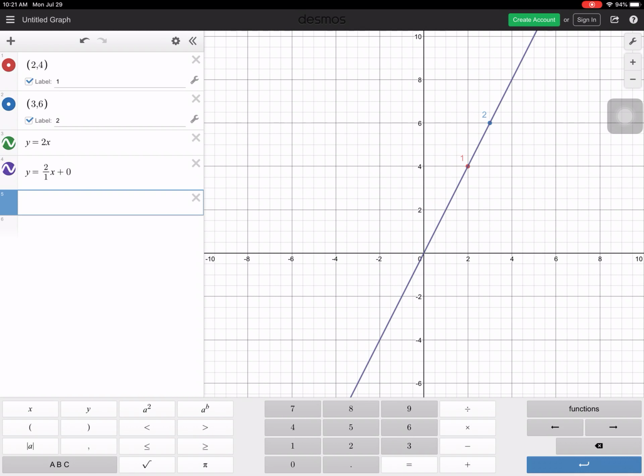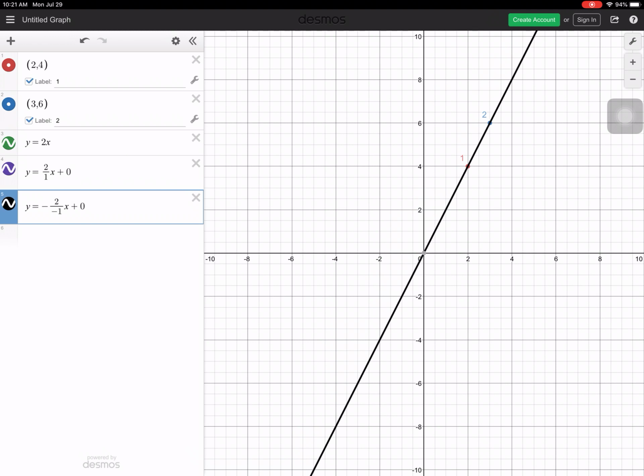And I can also say y is equal to, let's see if Desmos will let me do it, -2 divided by -1. Yeah, they'll let me do it, great. x, and we can say plus 0 if we want, we know already that works. Great, that also works, right? I know they put the negative in front, but the idea is you have a negative on the 2 and a -1, exact same equation.